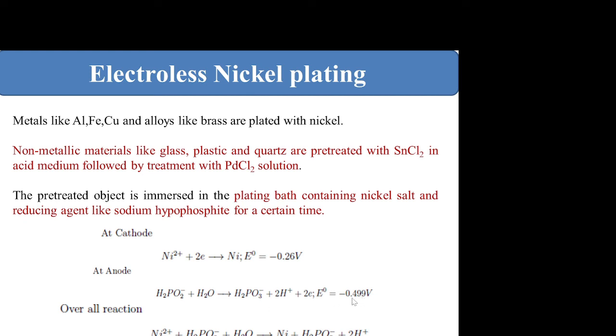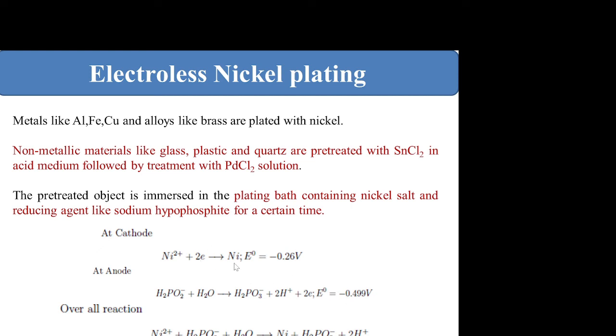Since the negative value of the reduction potential of hypophosphite ion is higher than that of nickel, whose reduction potential is minus 0.26, the more negative species undergoes oxidation, and nickel has a higher reduction potential when compared with this one.